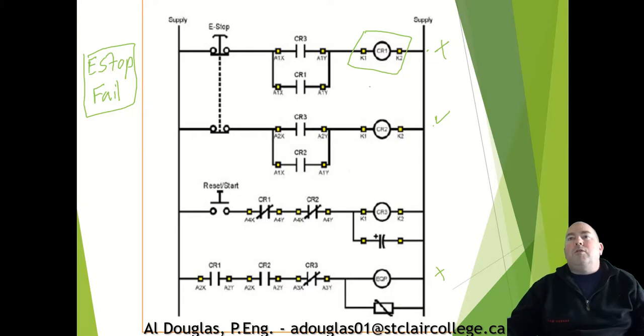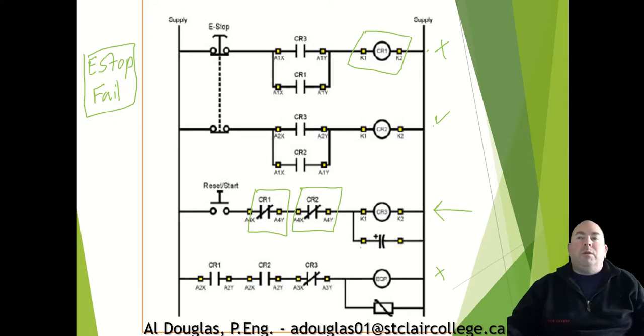In order to restart the equipment again, we need to see CR1 and CR2 both actually transition from open to closed, because we need to see open in order to run, but we need to see closed in order for us to actually be able to run this reset circuit.